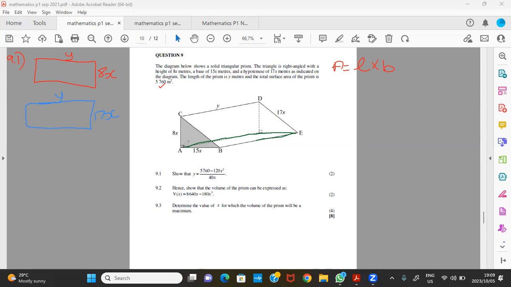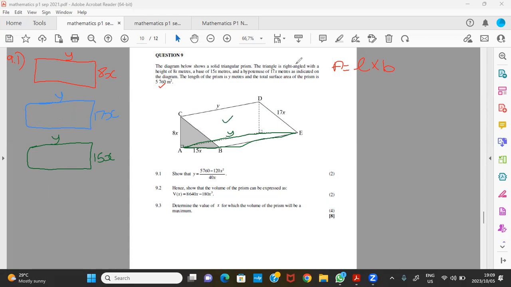The length here is also y, but my breadth is 15x. So my length is y, and breadth is 15x. That's all of my three rectangles.